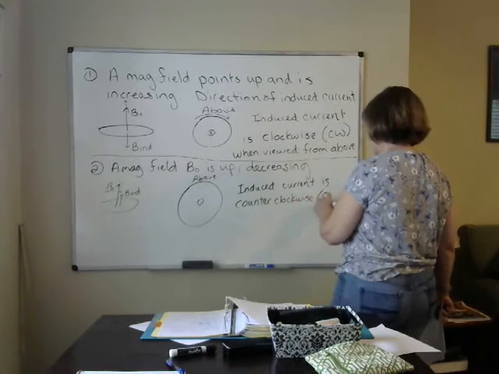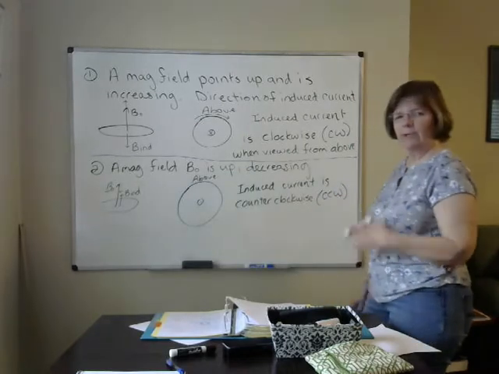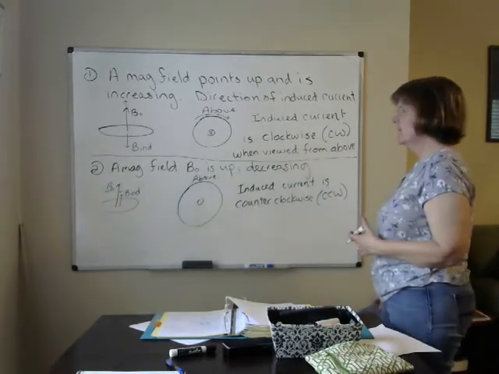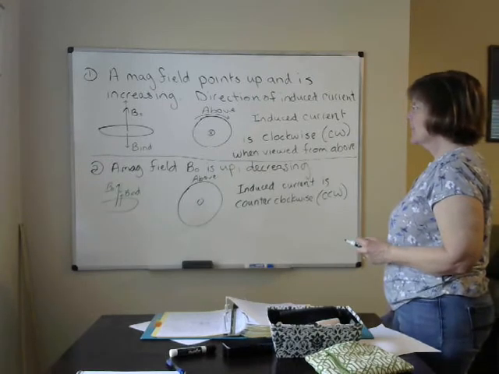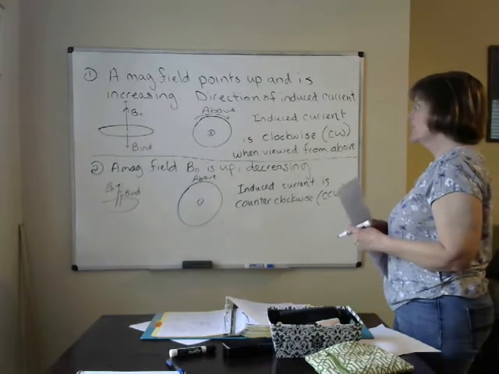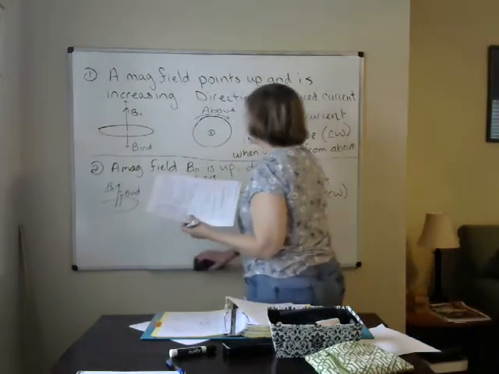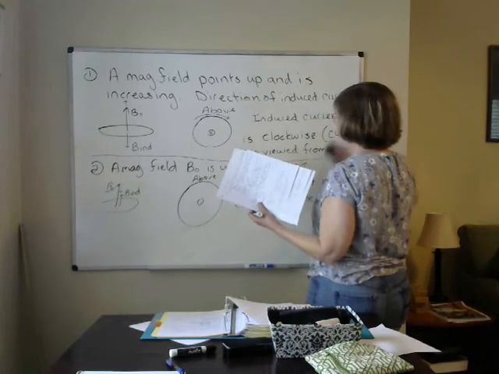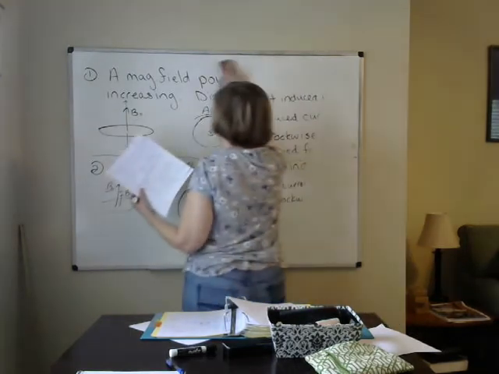So CCW when viewed from above. I'm not going to write the words when viewed from above. Exactly the opposite. Okay. We can do this in lots of different directions. I'm going to erase all of this. Look at a couple more examples.